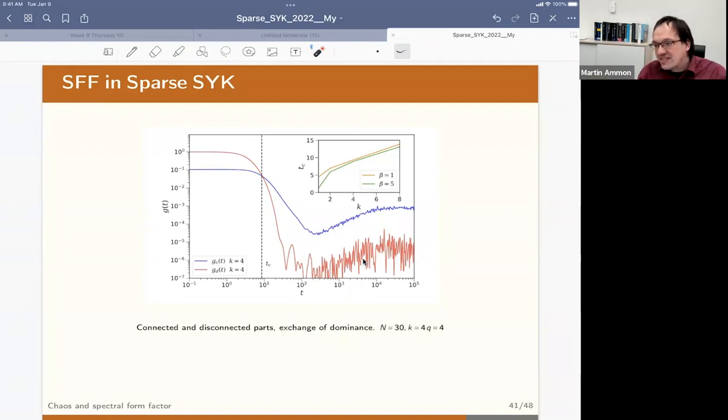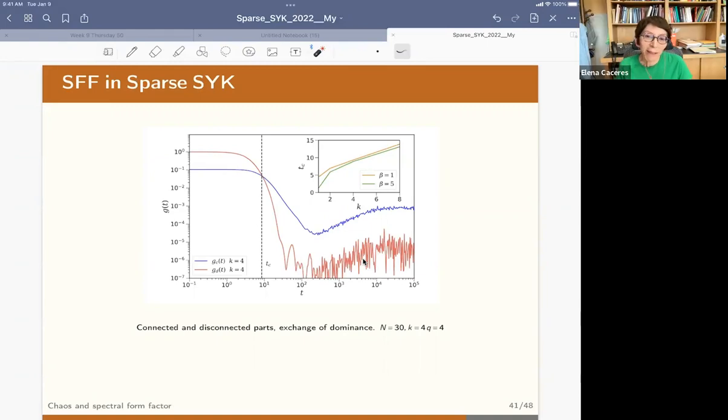Now the question is, can you guess how this TC will change with K, with some scaling analysis, so that you can use your numerical results for small K to extrapolate to larger values of K and to the all-to-all SYK models? Yeah, so an analytical scaling analysis.